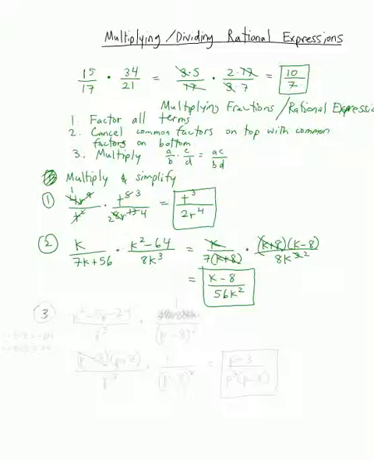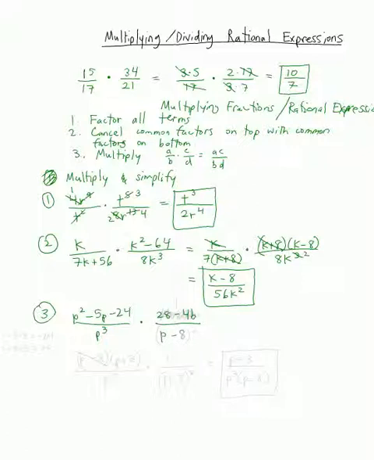Okay, we're going to do a few more. So let's look at number 3. It's going to be p squared minus 5p minus 24 over p cubed times, sorry, hold on a minute.